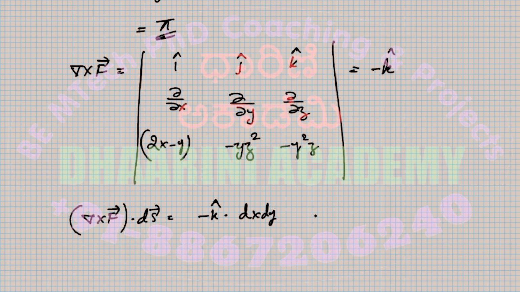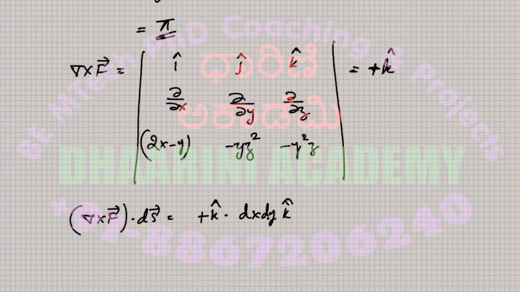Minus k or plus k, just check, because I think the answer is positive here, so that means k should be positive. Yeah, please check that. Plus k. Okay, yeah, I'll correct that.